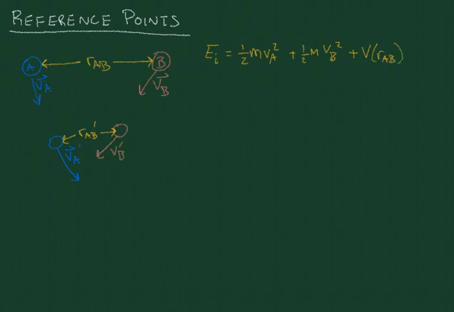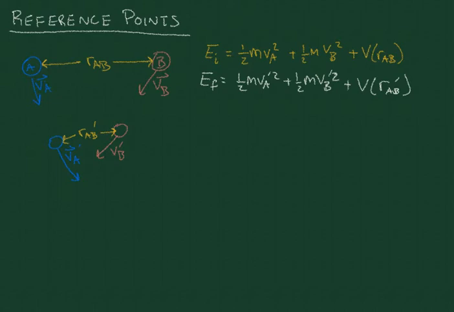And then the final energy is 1/2 m VA prime squared plus 1/2 m VB prime squared plus the potential as a function of r prime, the new distance between them.